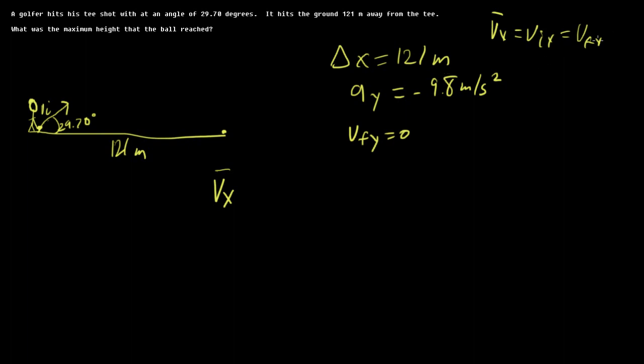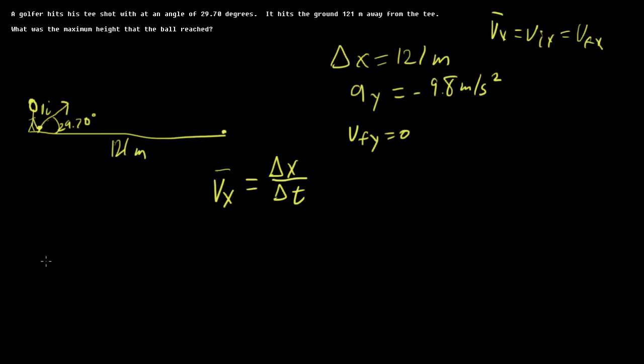Because in the x direction there's no acceleration. So that equals delta x, which we know, over delta t, which we do not know. But let's just see where this takes us.